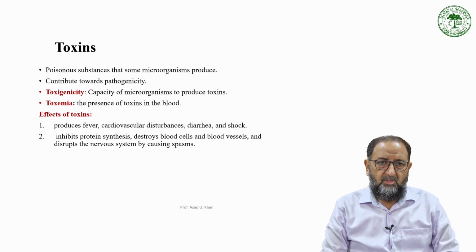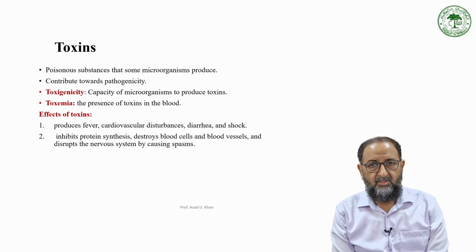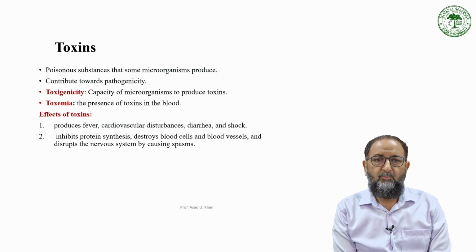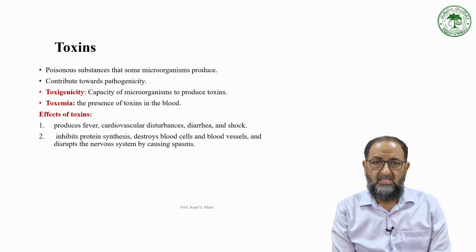Let's talk about the toxins. These are poisonous substances that some microorganisms produce and that contribute toward pathogenicity. Toxigenicity is the capacity of microorganisms to produce toxin, and toxemia is the presence of toxin in the blood. What are the effects of toxins?